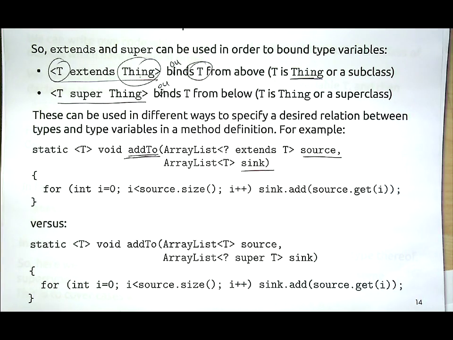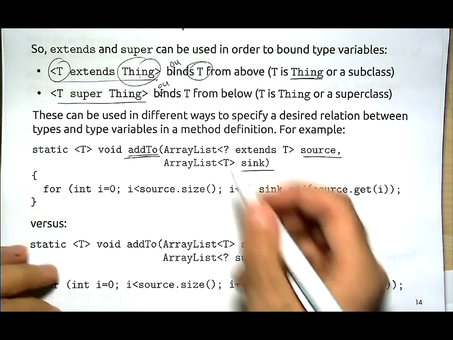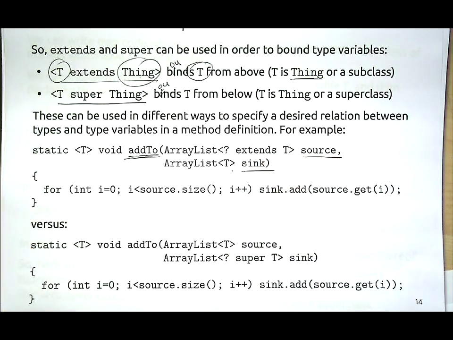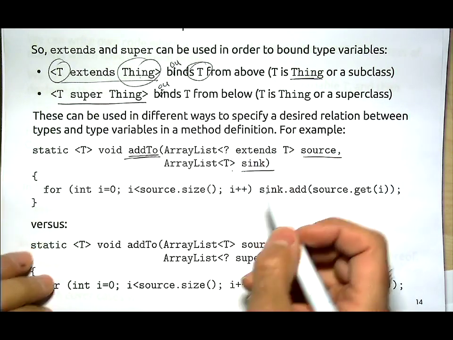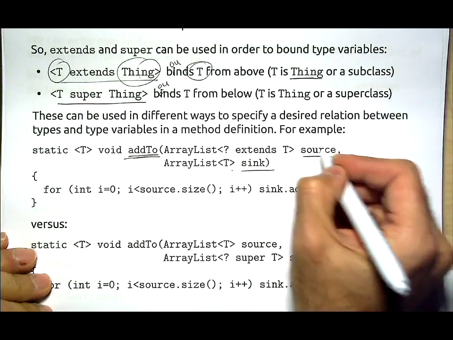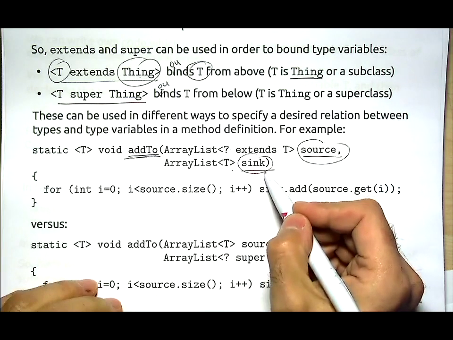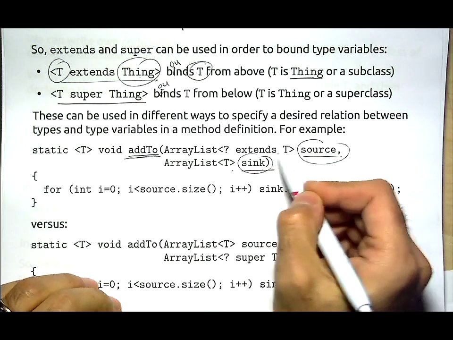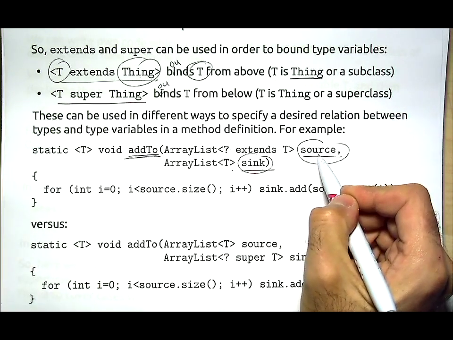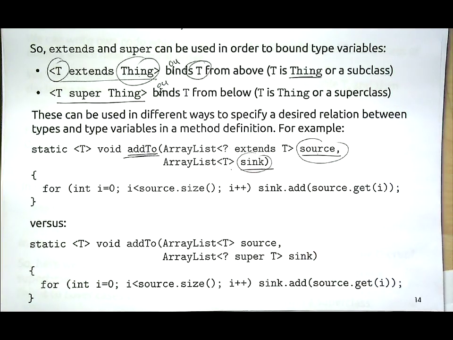Well, we can have them be of the same type. But since we're going to be adding elements from the source to the sink, it suffices that the elements the source has are of a subtype of the sink's type. So for instance, if the sink was of type object, any type of thing in source could be added.